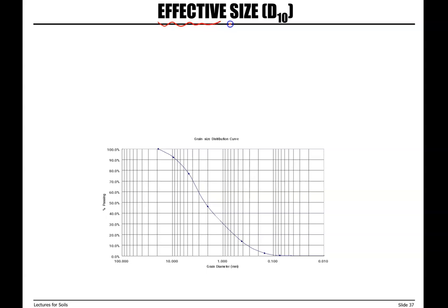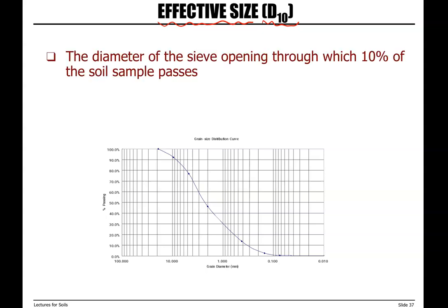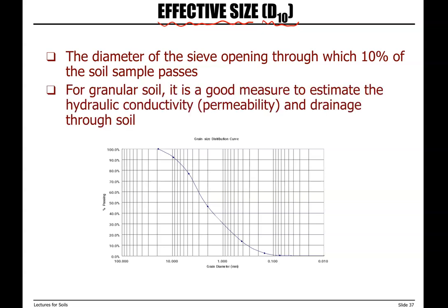The next one is called effective size, or D10, which means 10% of our particles are finer than this size. It's the diameter of the sieve opening through which 10% of the soil sample passes. This is important especially for granular soil when we have sand and gravel.